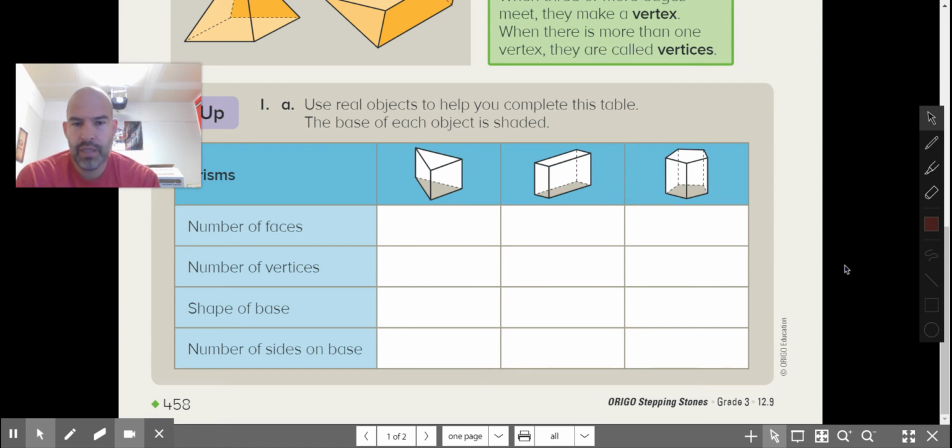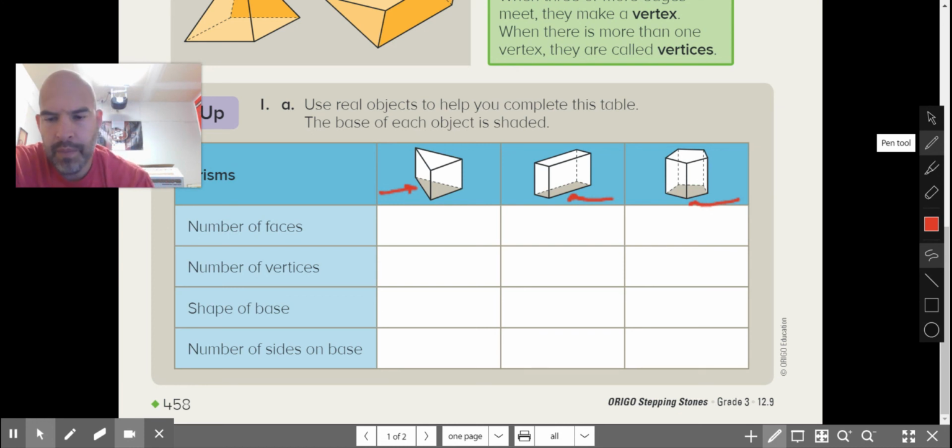You're going to count the number of faces for each one, and that's going to be on the first row, and the number of vertices on the second row, number of bases on the third row, and finally the number of sides on the base. The base is the shaded area. So the shaded area, the shaded area, and the shaded area.